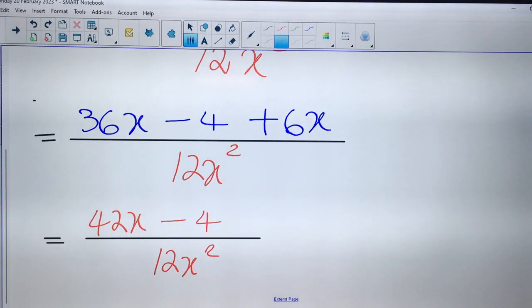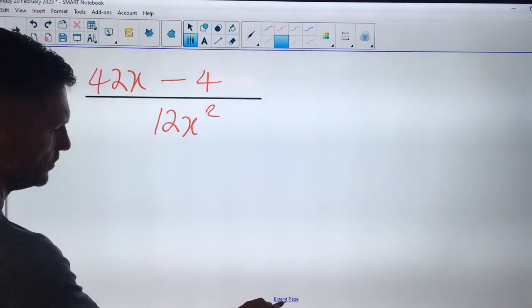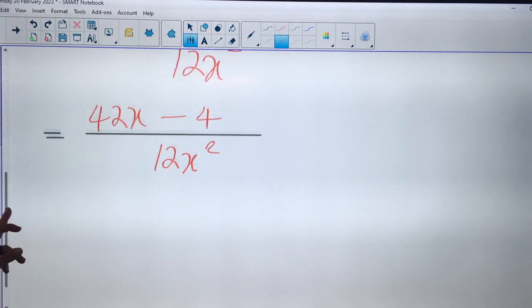We are not done yet. There's something else we can do. 42 minus 4. No, we can't do that, they're not like terms.